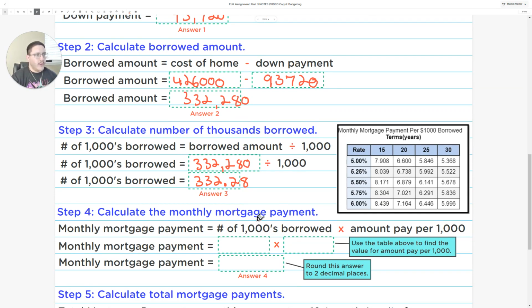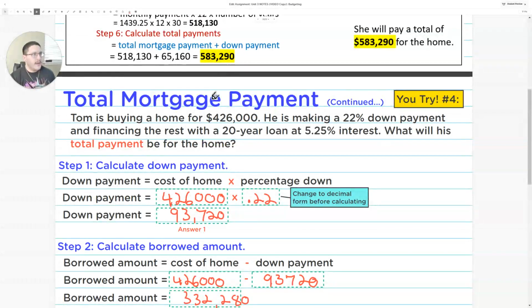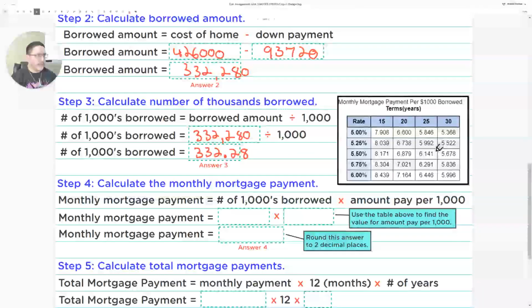And then for step 4, calculate the monthly mortgage by multiplying that, based from the table, based off of a 20-year loan at 5.25% interest. So now let's look at the table. This is a 20-year loan at 5.25% interest, which means we're going to be using 6.738.